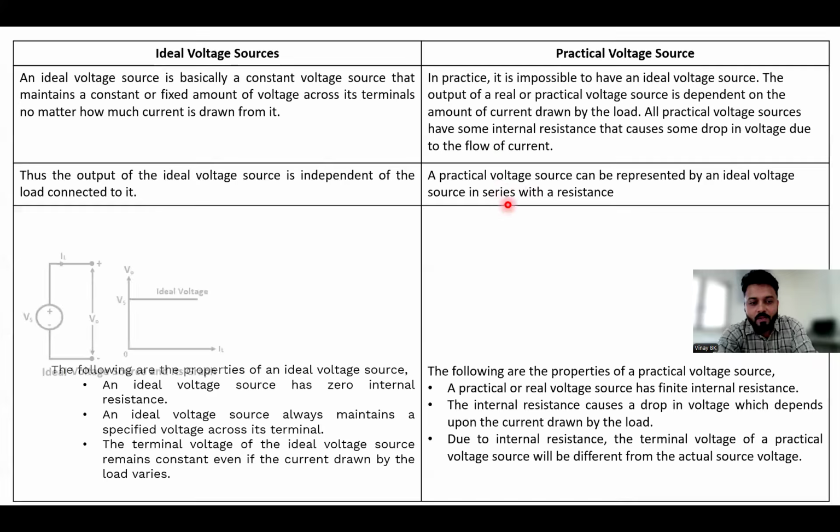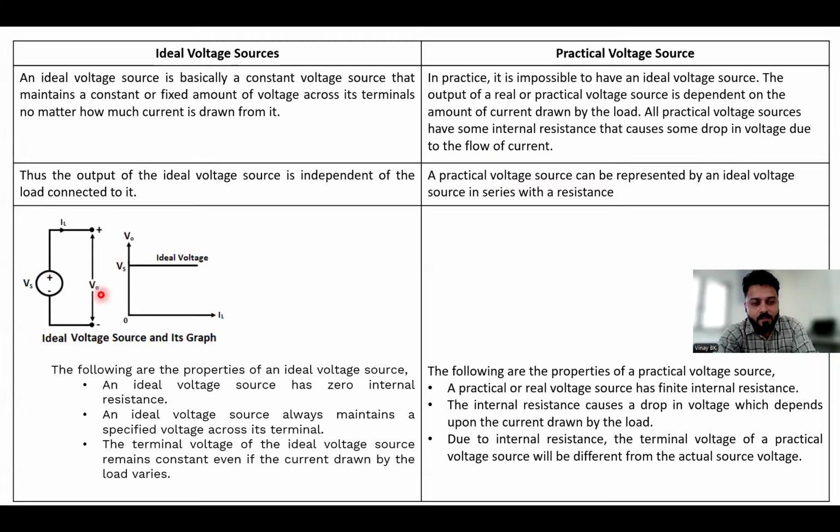We can see how it looks for an ideal voltage source. The voltage source is directly connected across the load, so the output does not depend on the load, so that you are getting the ideal voltage, a straight line source voltage, and it will not be affected by any change of current. Whatever the current that flows in the circuit, the voltage across the load will always be fixed.